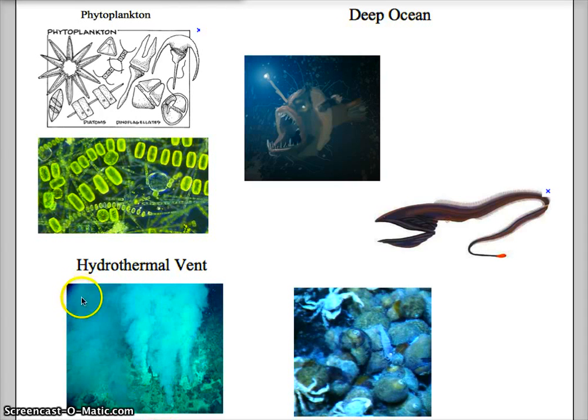Now, the sea all around it is incredibly cold because it's at the bottom of the ocean, but all this steam is warm, and all the coldness around it quickly makes it cold. But as a result, there actually are some fish and crabs and mussels that live near these.